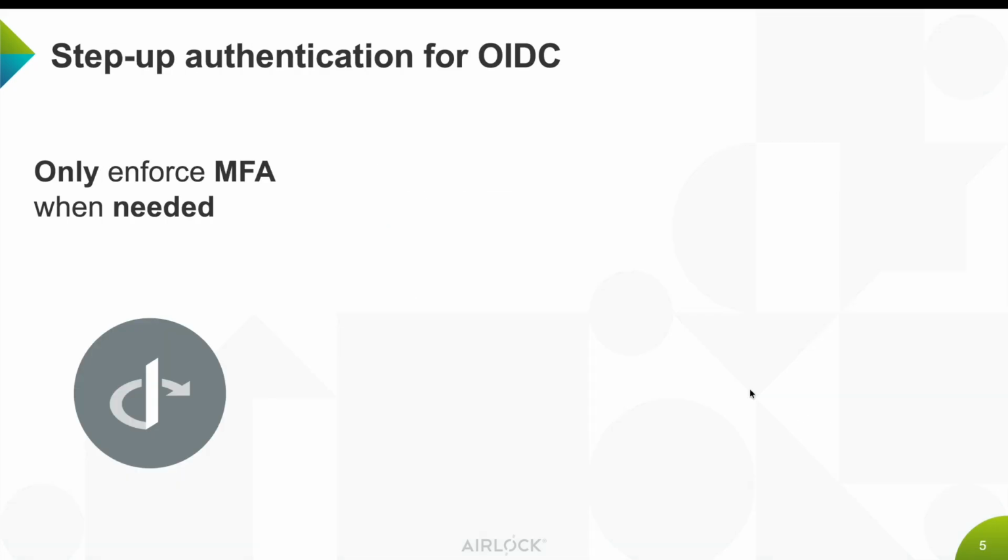Some parts of the web application, like admin screens, member areas, or high-risk transactions, need stronger authentication than the default. With step-up authentication, we can ask for that stronger login only when the user reaches those sensitive areas.